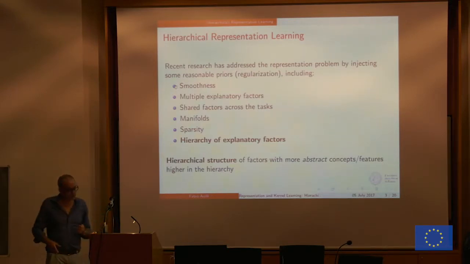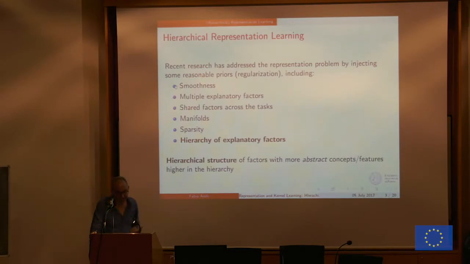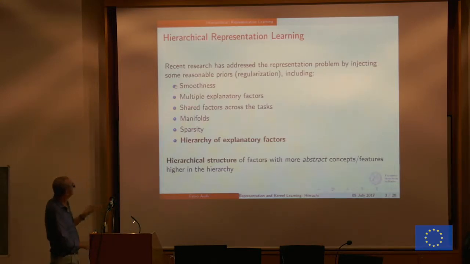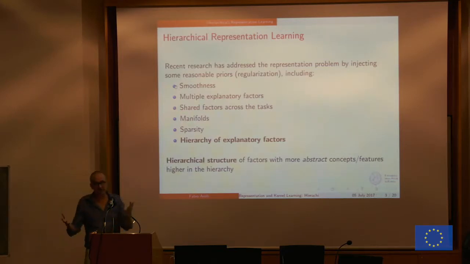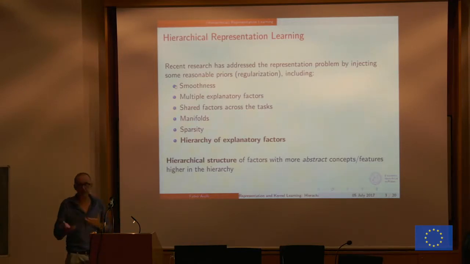When you look at some priors to get a good representation, you can see different aspects of the problem. For example, you can ask to have a smooth function. This is a good prior for the solution of your problem.